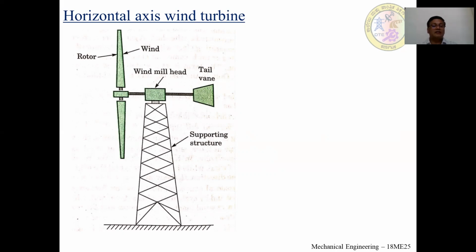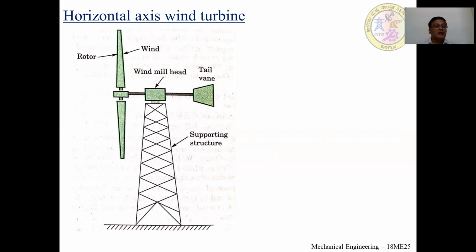That's why it should be strong. And the second component is the tower. The tower is used to give support to the rotor hub as well as the nacelle region in the upper portion. And the material used to make this, in most cases, is concrete.